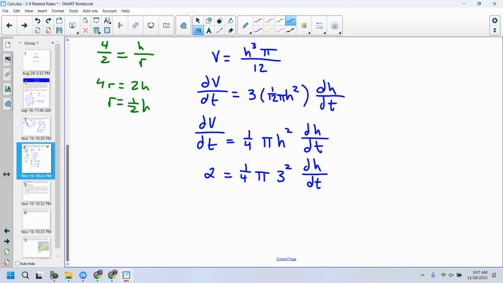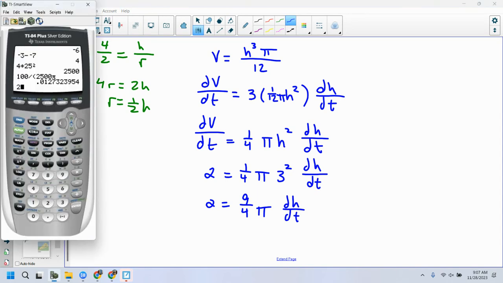Okay, let's solve for dh dt. So this is 2 times 9/4 pi dh dt. We divide by 9/4 pi over to the other side. 2 divided by 9/4 pi.